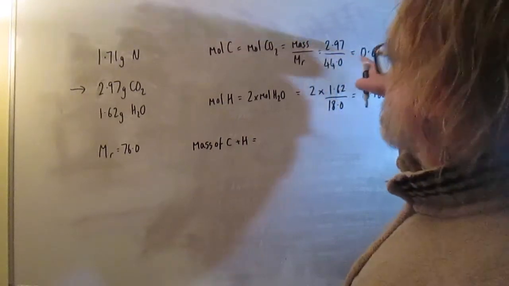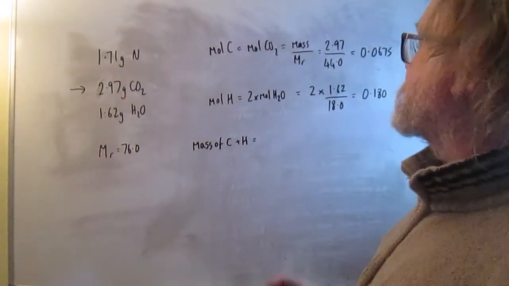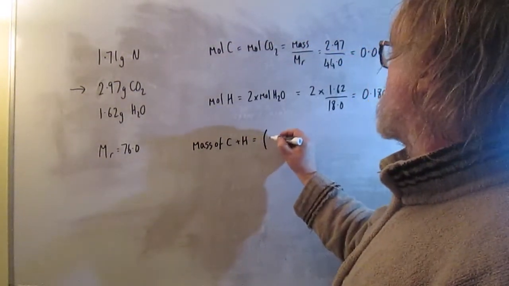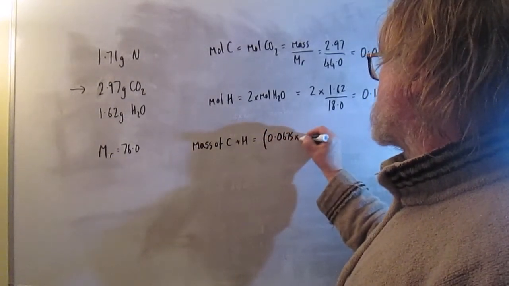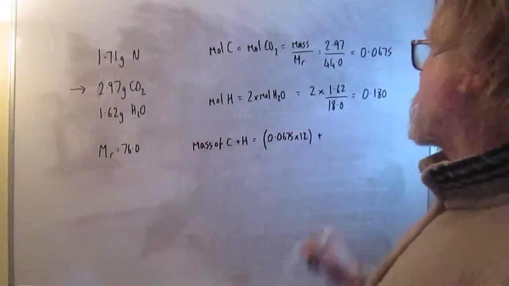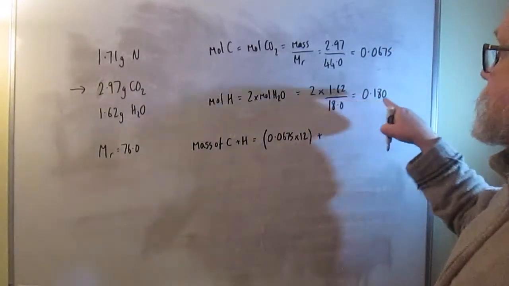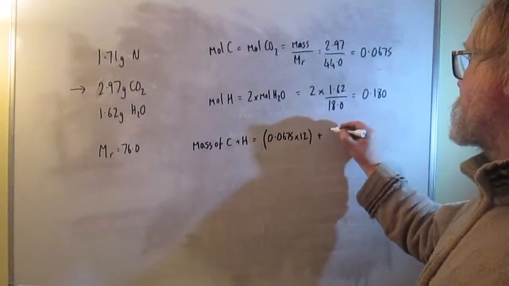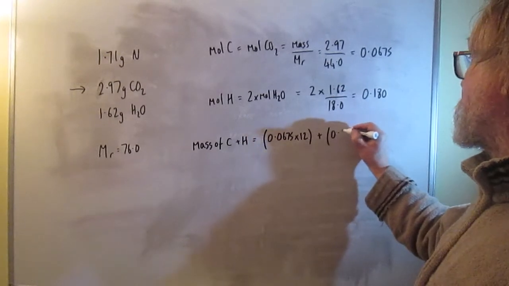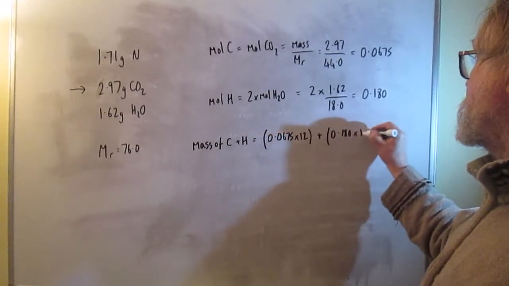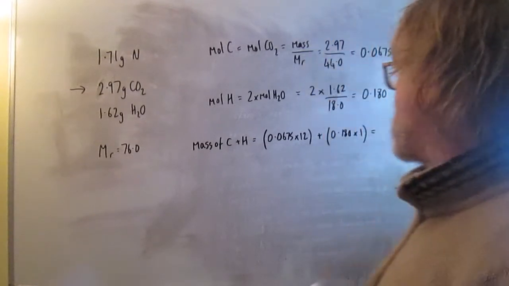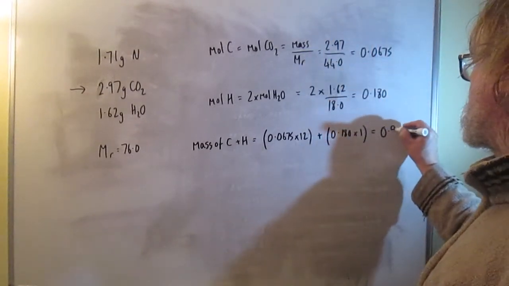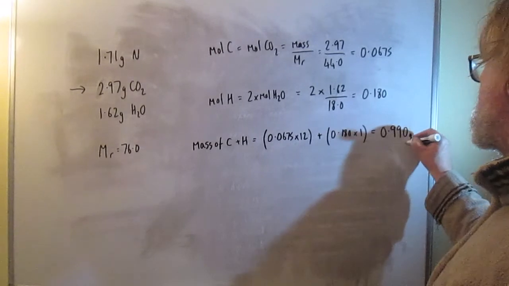So if we multiply that by 12, which is the atomic mass of carbon, we'll get the mass of carbon. So it's 0.0675 times 12, plus that many moles of hydrogen. Each mole weighs 1 gram, so that's 0.180 times 1. And if we just add that lot up, that comes to 0.990 grams.